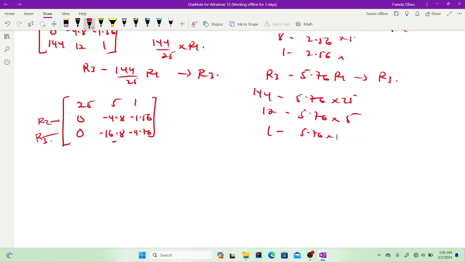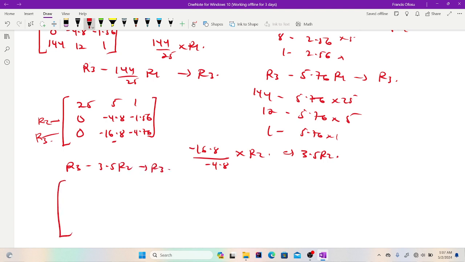So I have a multiplier negative 16.8 over negative 4.8, multiplying my row 2. Negative 16.8 over negative 4.8 is 3.5. So the row operation is R3 minus 3.5 R2, all going into R3.